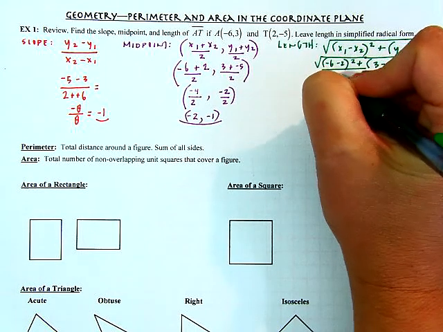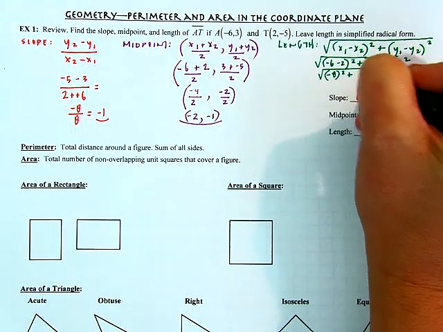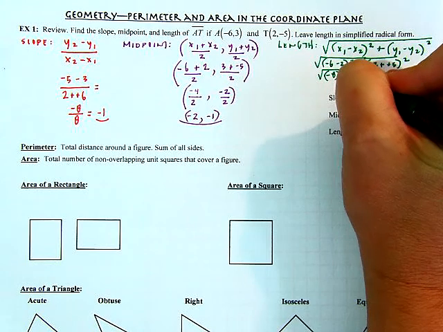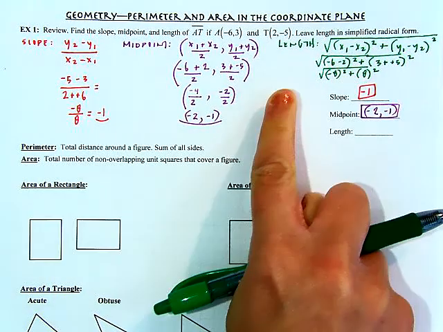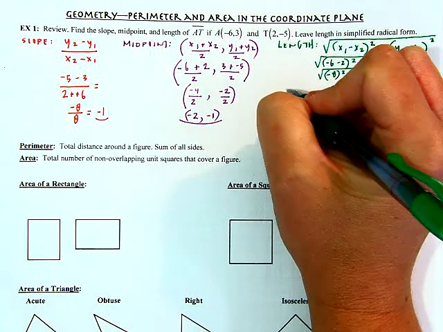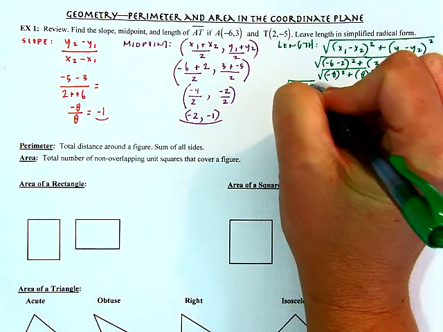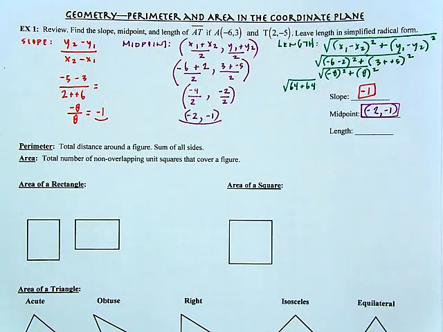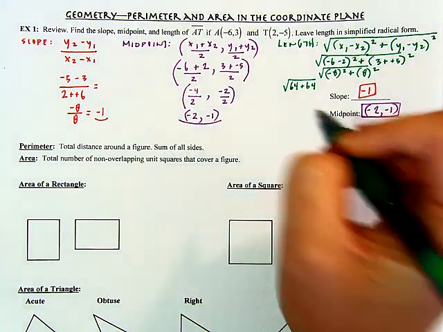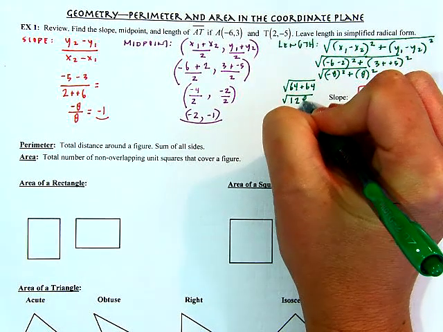So right now I have negative 8 squared plus positive 8 squared. Okay, I'm going to keep working over here just so you can see my paper trail. So now in my next stage, I have the square root of 64 plus 64, right? Negative 8 squared plus 8 squared. So when I add those two 64s up, I have the square root of 128.